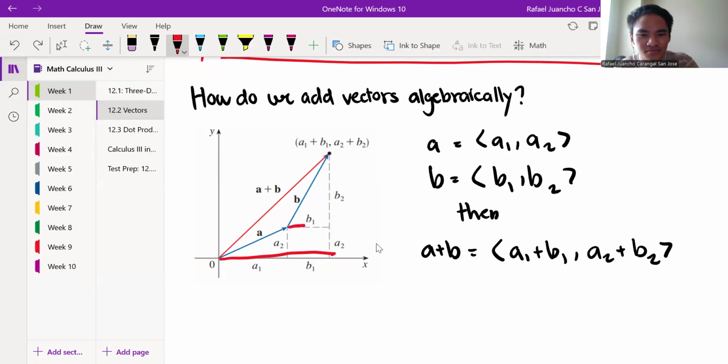B1 and B2. So this is the B vector. This is the A vector. And so their displacement is A plus B.